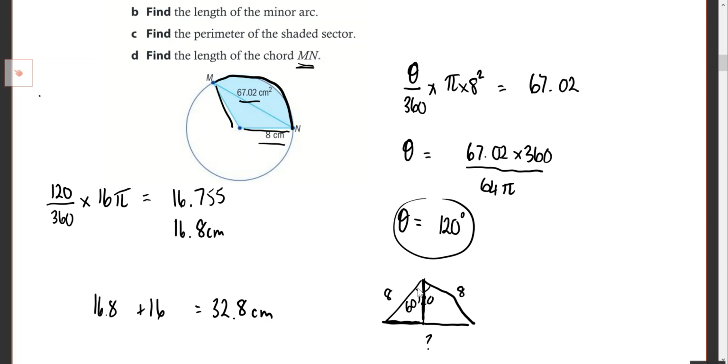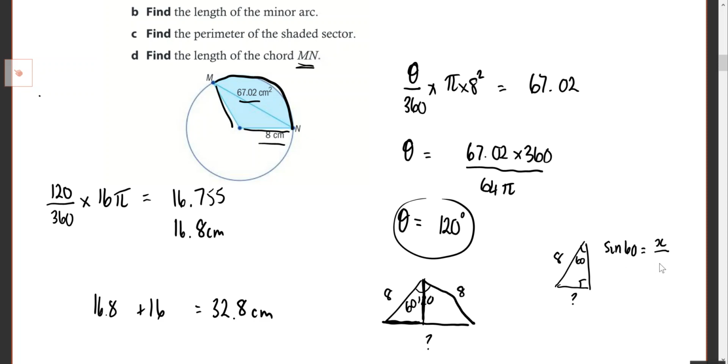And what am I going to then use? So I've now got this right-angled triangle where I know that this is 8 and this is 60. You could use special triangles to solve it, but it's just trigonometry, isn't it? So this is going to be sine of 60 equals opposite over hypotenuse.